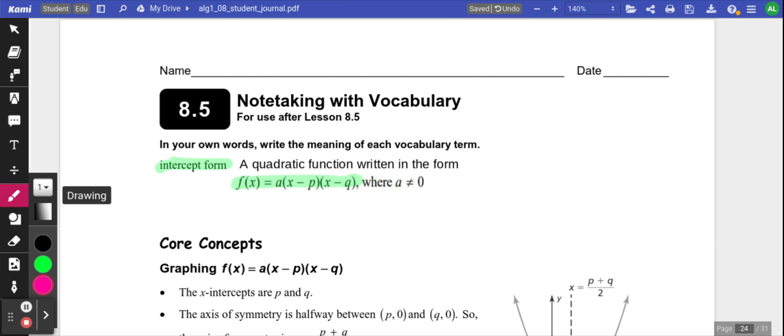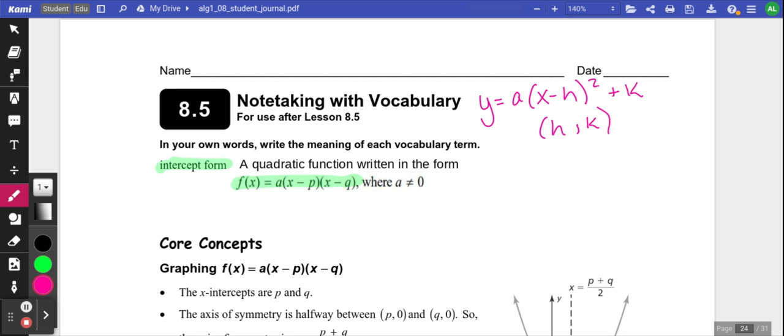Remember when we did vertex form, it looks like this: a, and then x minus h squared plus k, and my vertex is h, k. That minus h means I have to switch the sign. If I have x plus 2 squared plus 5, I know my vertex: I switch that sign to negative 2, and the 5 stays the same.